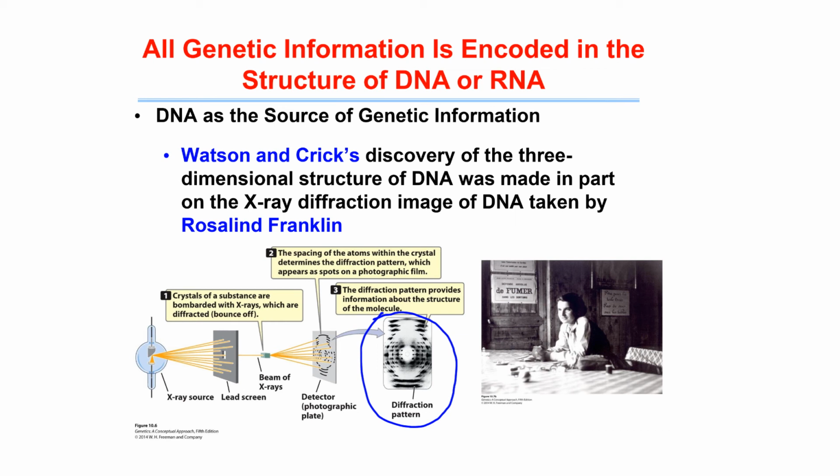At a certain meeting, Maurice Wilkins mentioned and showed the result of Franklin to Watson and Crick, and basically Watson and Crick used this pattern to define the three-dimensional structure of DNA. So basically all these discoveries made by many different scientists created the stage for the discovery of the three-dimensional structure of DNA by Watson and Crick.